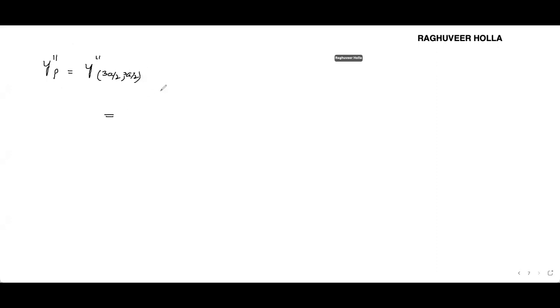Okay, so substituting it, so this is minus a minus 3a into 9a square by 4 minus 3a square by 2.